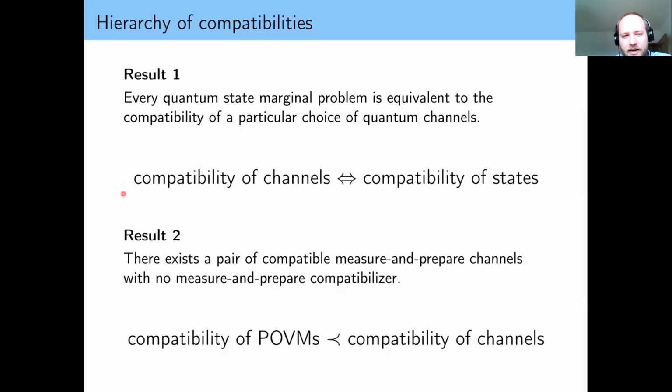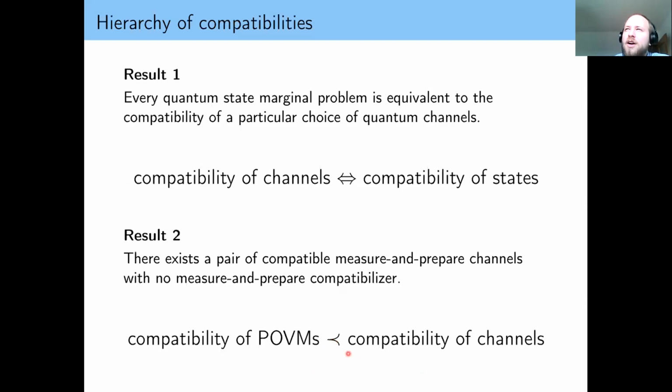The second result shows the connection between compatibility of channels and joint measurability. What we in principle show is that compatibility of POVMs and joint measurability is a weaker concept than compatibility of channels.